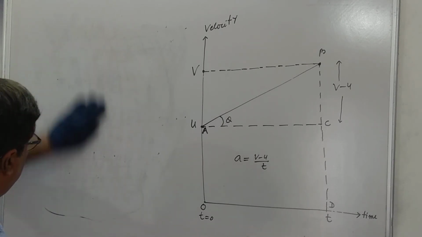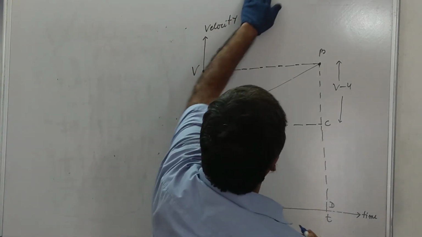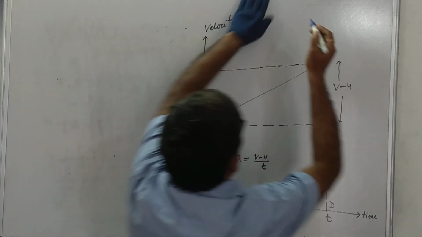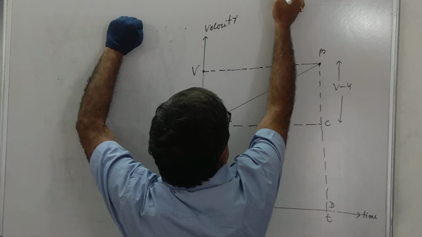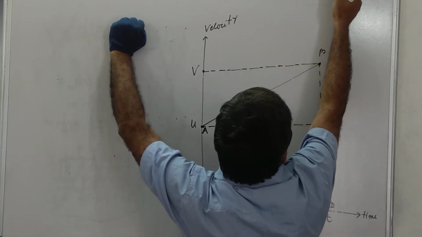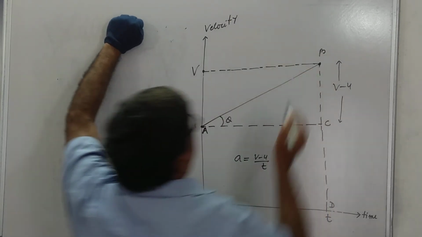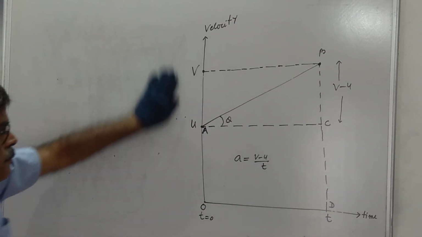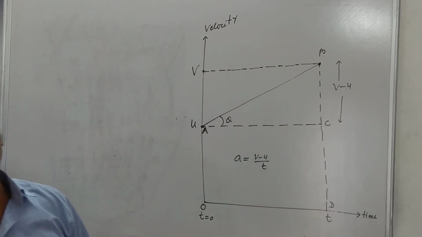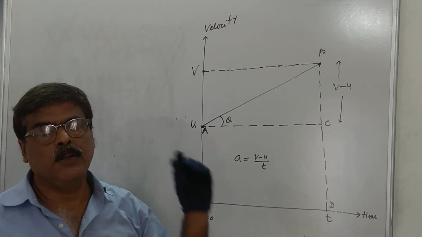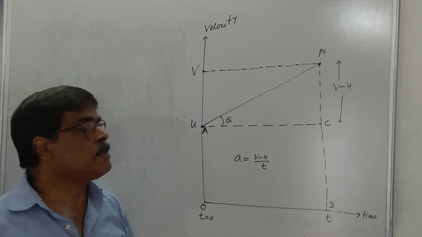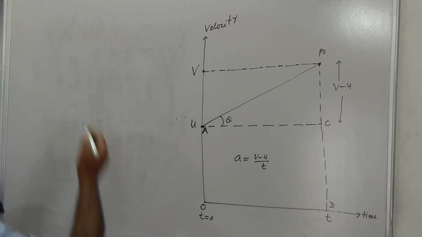Now our third relation is the velocity displacement relation. Velocity displacement, this is our third relation. Again we know that the area under the velocity time graph in a uniformly accelerated motion, where acceleration is constant, is equal to displacement.